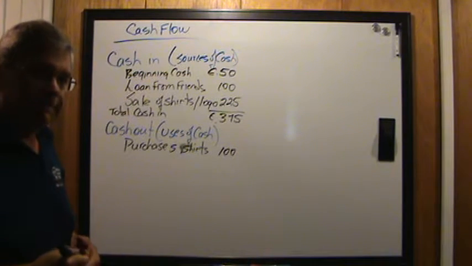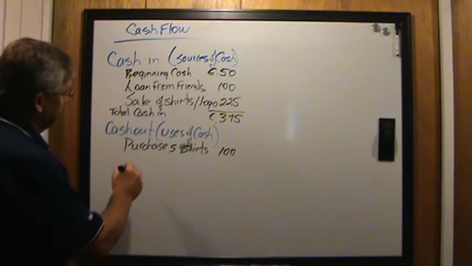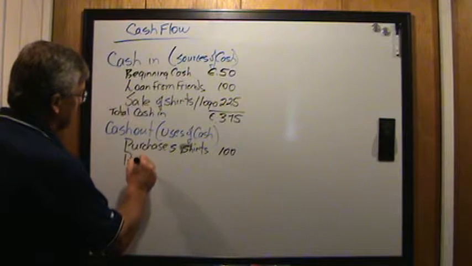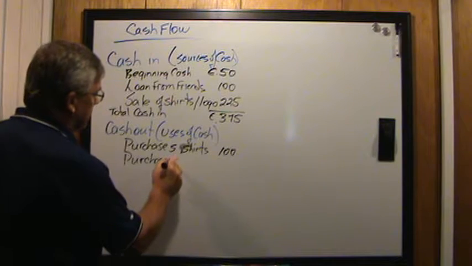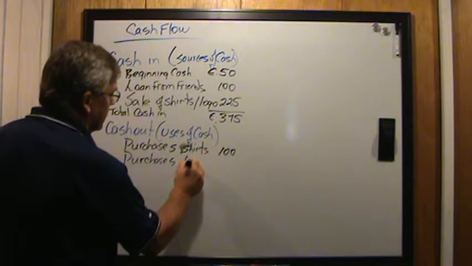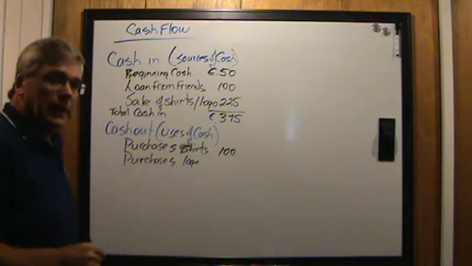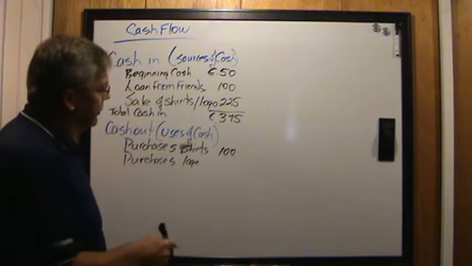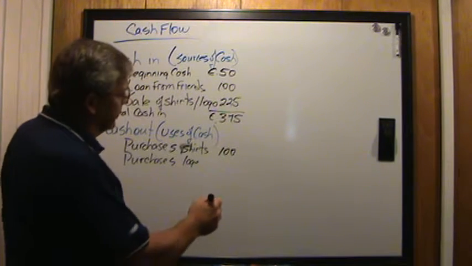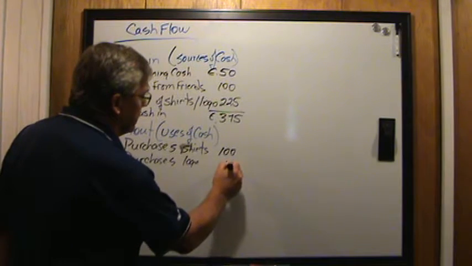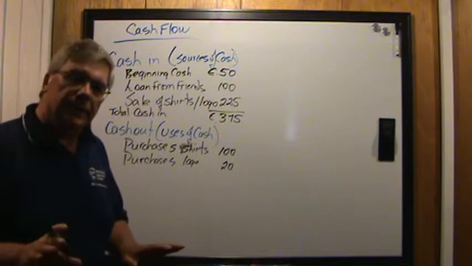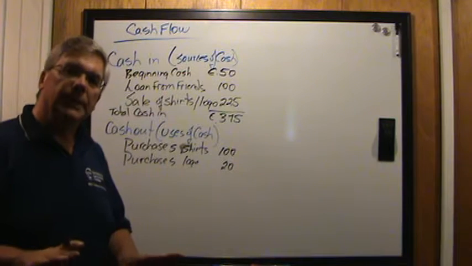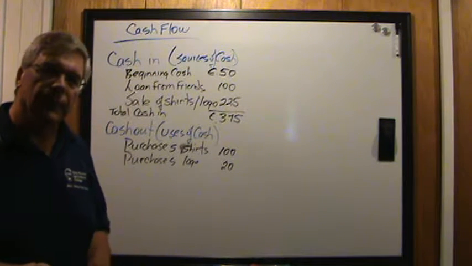They bought the iron-on logos, and they had to buy enough for each shirt, so they were 1 euro each, and they bought 20 of them. And that's about it for money going out of the business at this stage.